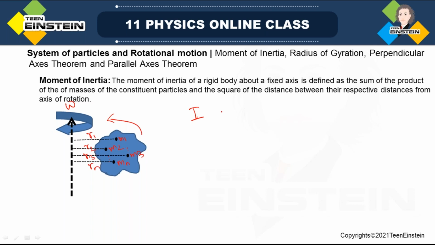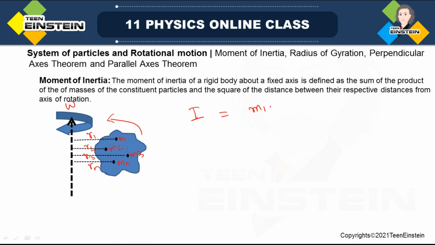According to the definition of moment of inertia, this is the sum of the products of the masses of the constituent particles and the squares of their respective distances from the axis of rotation.